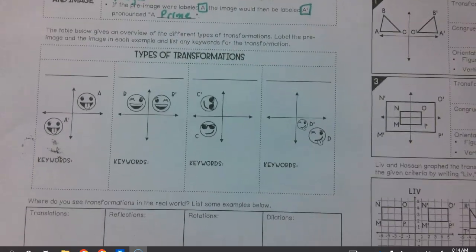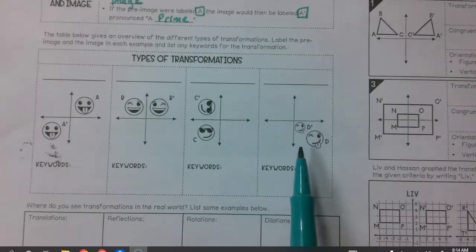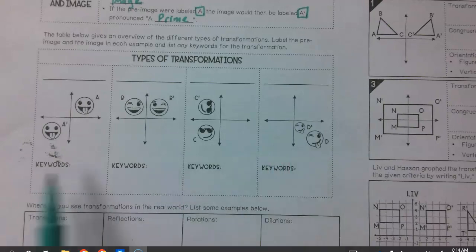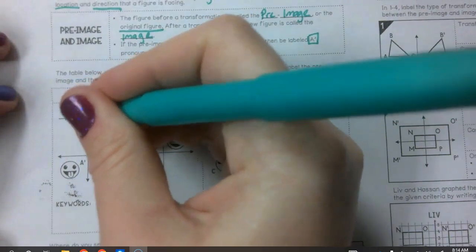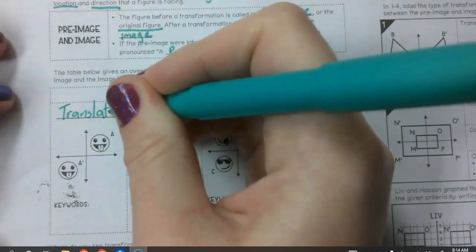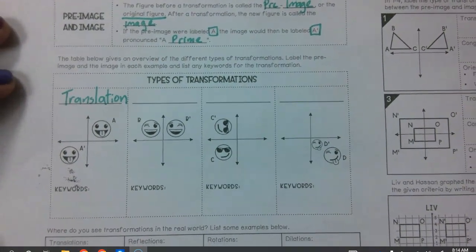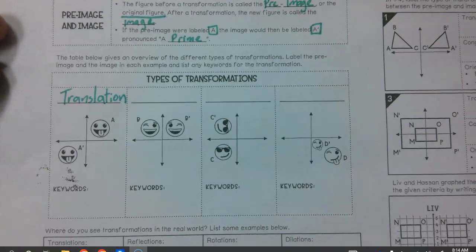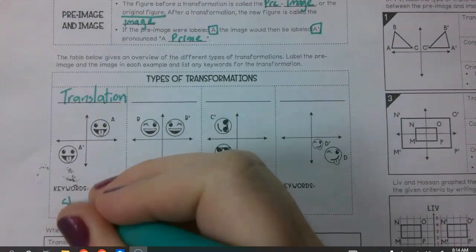Okay, we are going to be studying 4 different types of transformations. The first type we're going to study is called a translation. A translation is any time an image gets moved from one location to another by sliding it over.